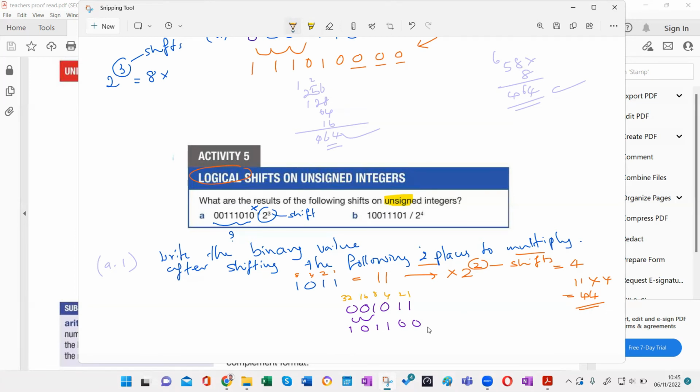We should have 32, no? 32 plus 8 is 40. 40 plus 4 is 44. Yeah, correct. 32 plus 8 is 40, plus 4 is 44.